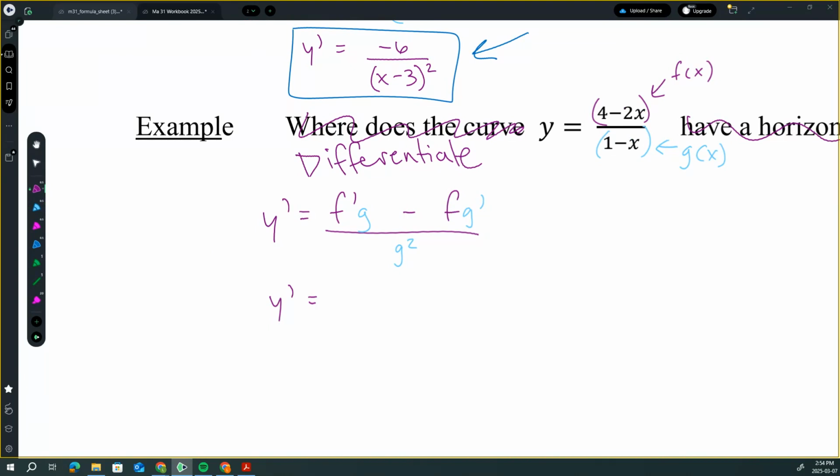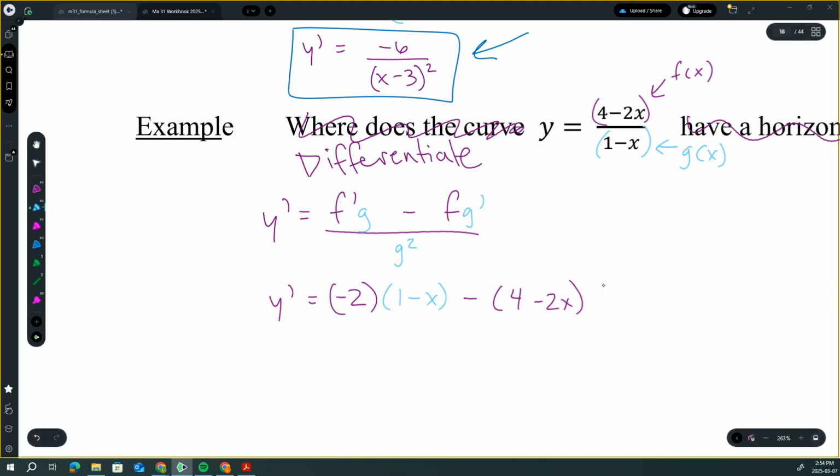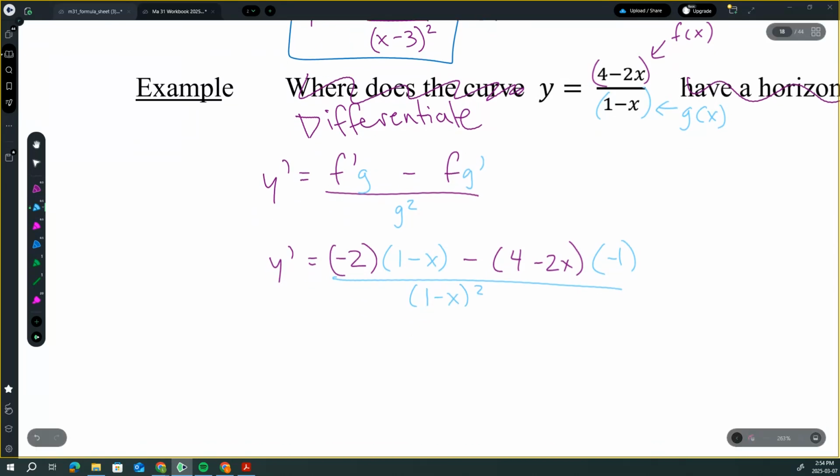Y prime is equal to, so the derivative of 4 minus 2x, that's going to be negative 2 times the normal g of x, so 1 minus x, minus the normal f of x, times the derivative of g of x, so that's just going to be negative 1, divided by normal g of x squared.